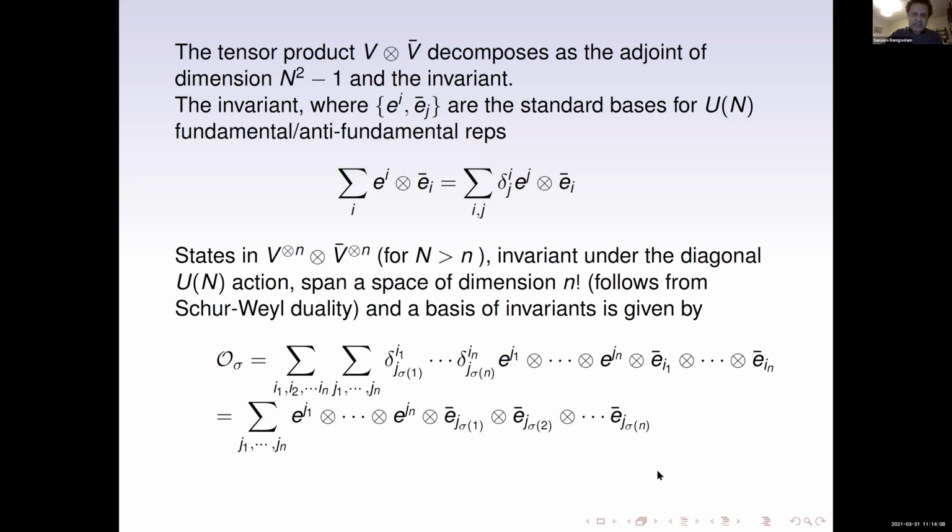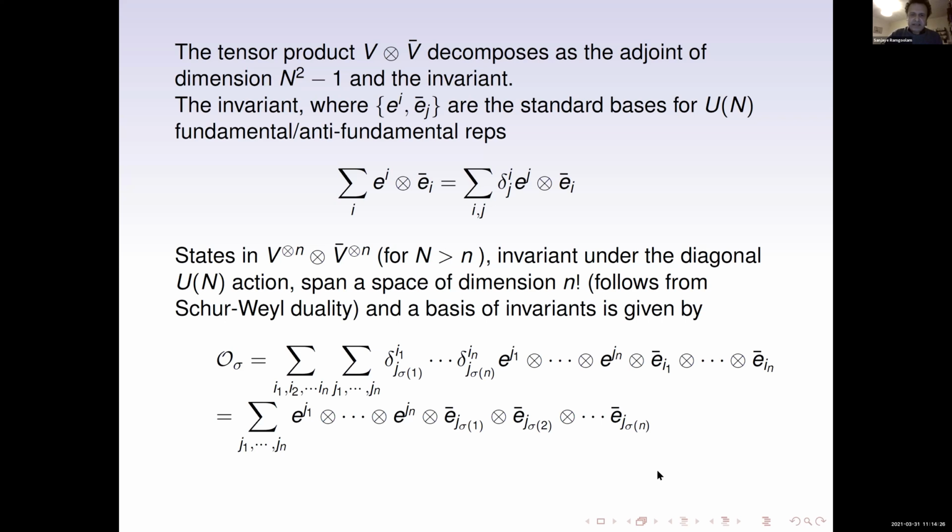When you have little n copies of V and the same number of copies of V bar, you can build linearly independent invariants. They'll span a vector space of dimension n factorial, and this follows from Schur-Weil duality.